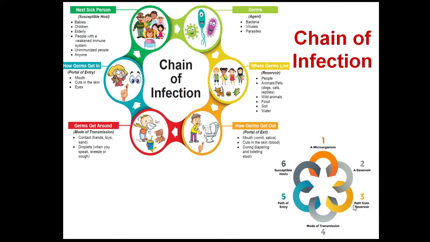Then we have the path from reservoir to the new host. So that's really the answer, how germs get out of the body or get out of the animal. And there are many ways. So we may excrete it through mouth with vomit or saliva, with cuts on the skin.